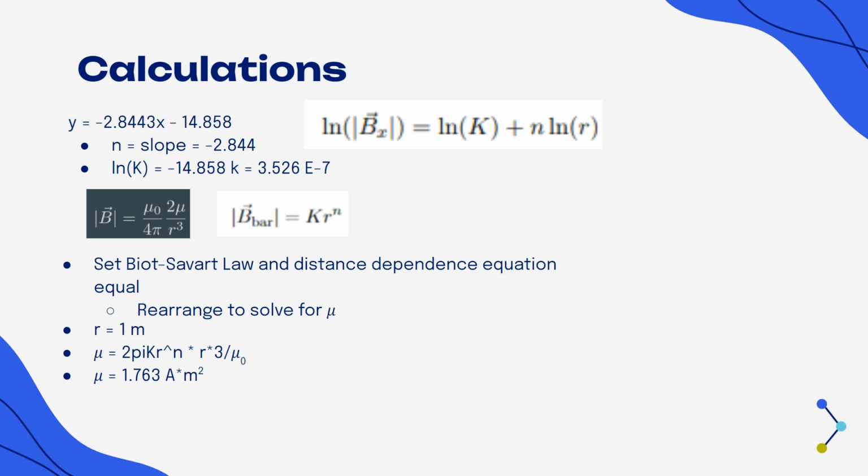Then we set Biot-Savart law and distance dependence equation equal to each other and rearrange to solve for mu using r equals 1 meter. And mu is equal to 2 pi k times r to the n times r cubed over mu naught. Mu was finally found to be 1.763 amperes meters squared.